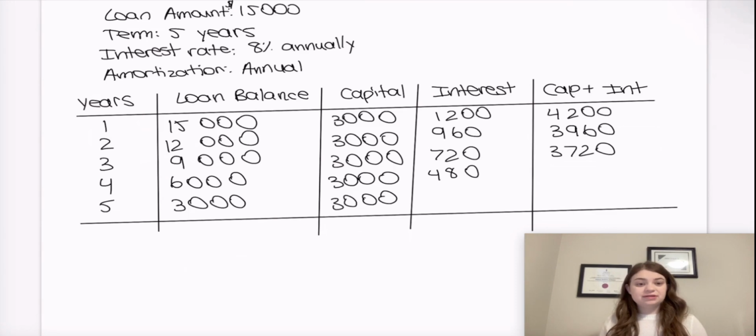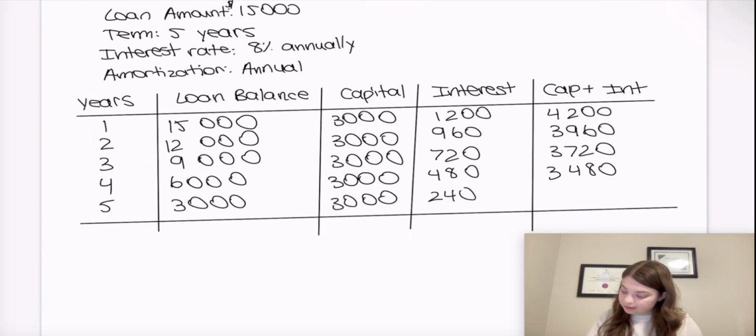So the payment we have to make is $3,480. And then for our final payment, we actually only have $3,000 balance left. So we just have to pay that plus the interest on that specifically, which 3,000 times 8% is $240. So the payment for the last one is only $3,240.